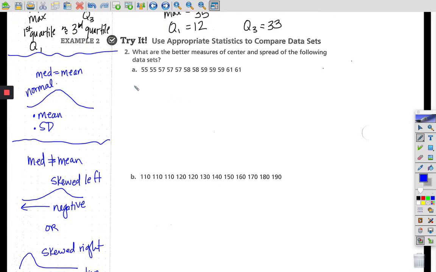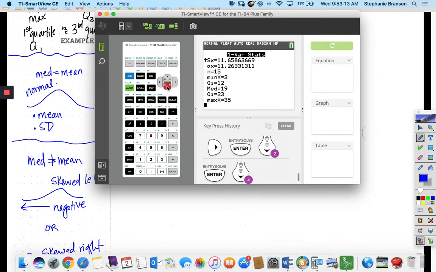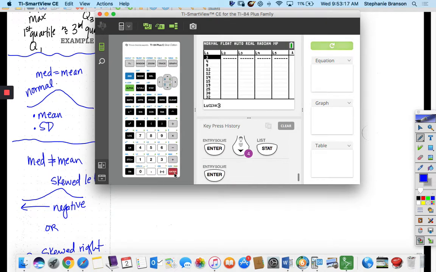So I'm going to put each of this data in my calculator. So I edit that list.